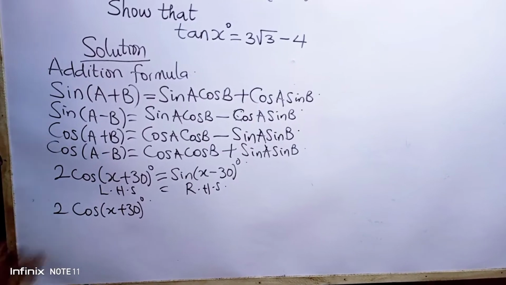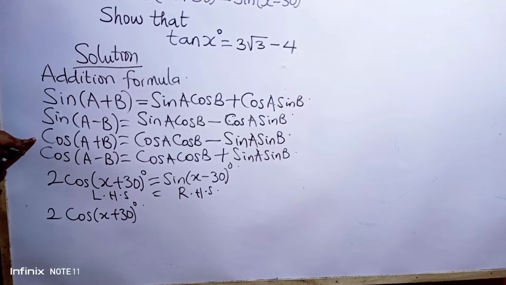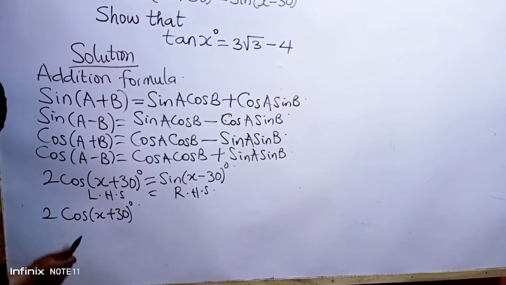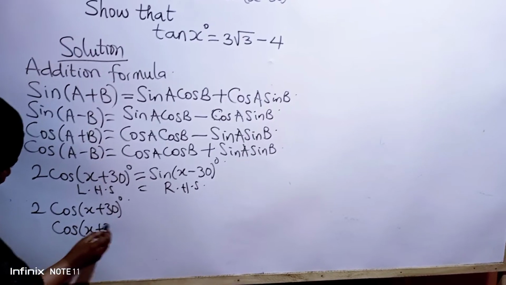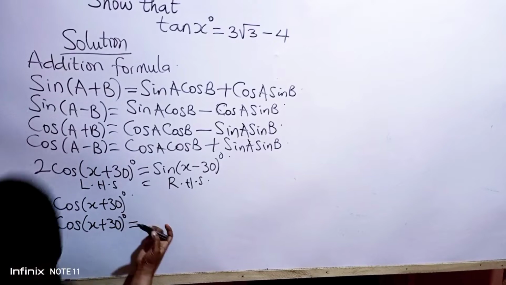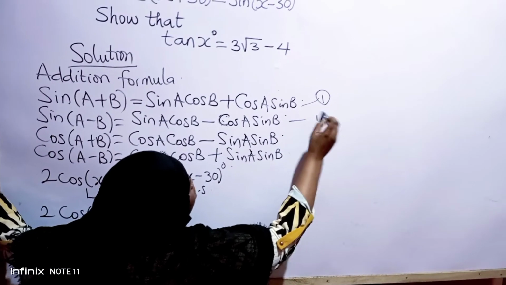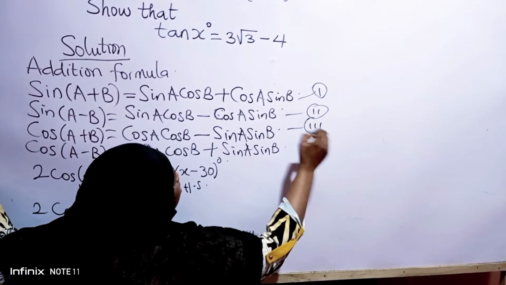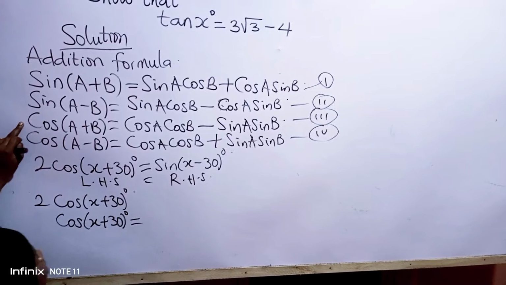Now let's keep the 2 so that we'll be able to use this formula. Let's take cos(x + 30°). Let's name them equation 1, equation 2, equation 3, equation 4. So let's go back to equation 3.